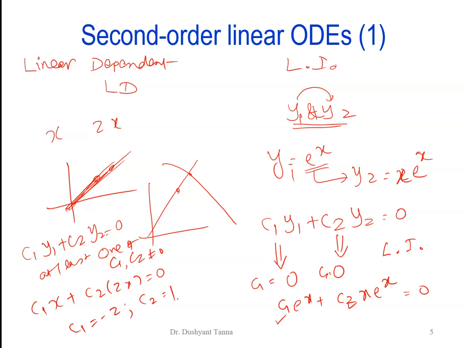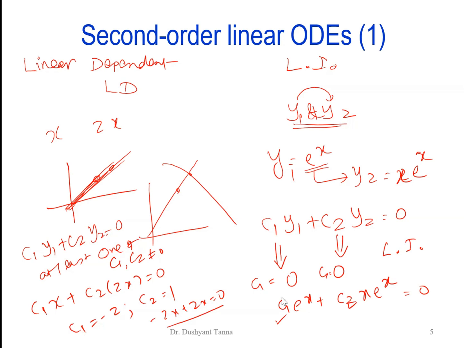They are non-zero, and when I replace them here, what will I get? Minus 2x plus 2x is 0. They are called linearly dependent solutions. We will never accept linearly dependent functions as two individual solutions. Similar to a quadratic equation having two roots, here we will have two solutions which are linearly independent. So that was a bit about linear independence.